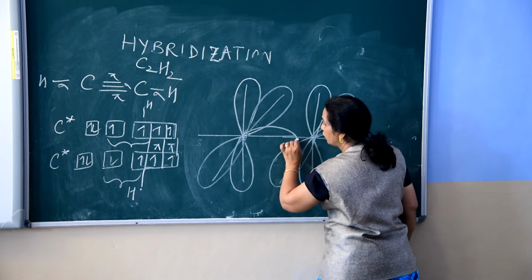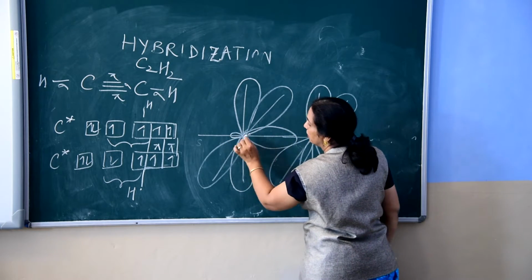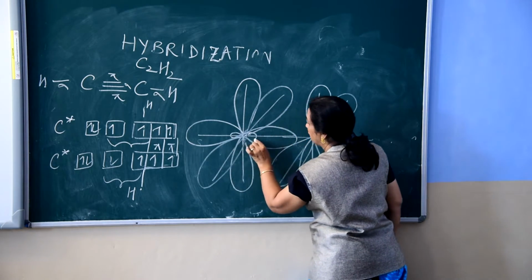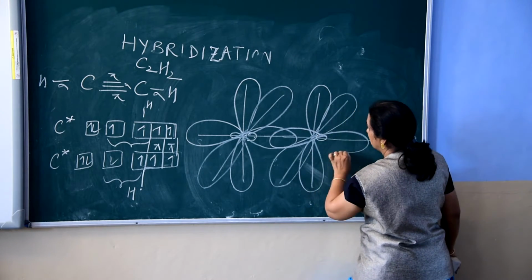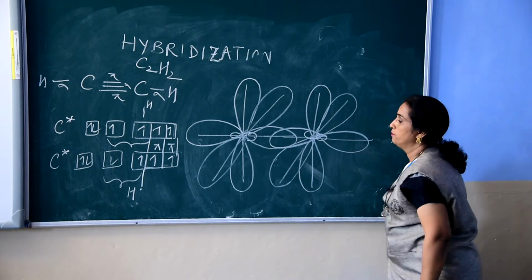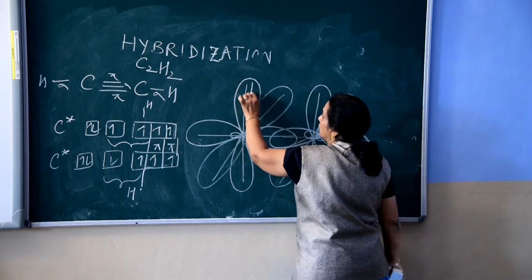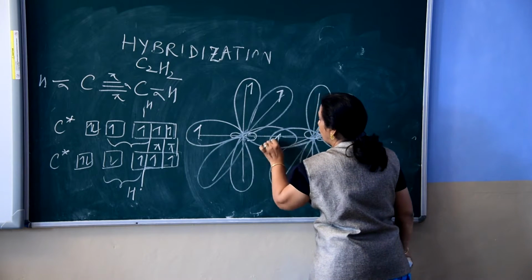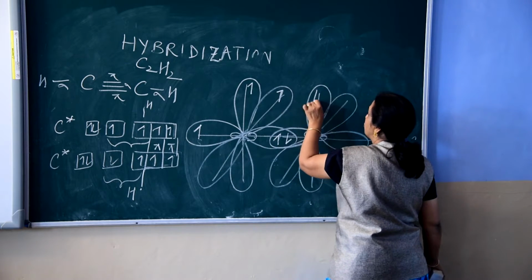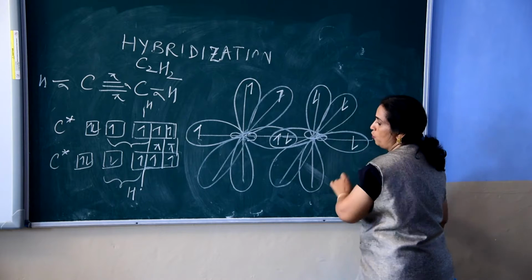The hybridized lobes are one here and the other one here. So each carbon has 4 electrons.